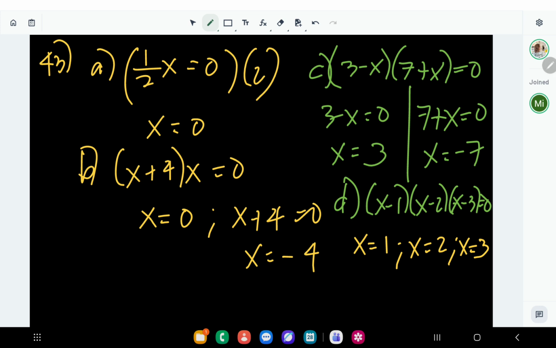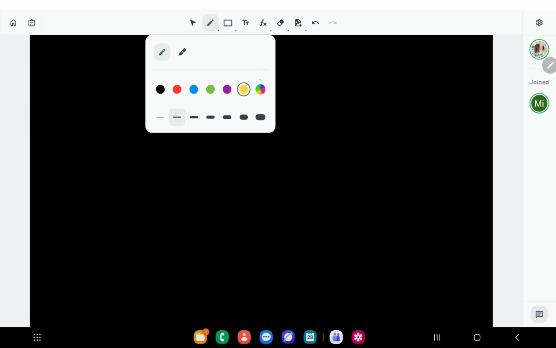Okay, 46 and 47, you write the equation in vertex form. You should know how to write that in vertex form. Okay? Remember, you got that? So you can use completing the square. If it's too complicated for you, you get the axis of symmetry, because the x-coordinate of the vertex is equal to the axis of symmetry, and then you find the value of y. Alright. Okay, solve with the quadratic equations. 49. Okay, we have x squared equals 121. Do you know how to solve that?